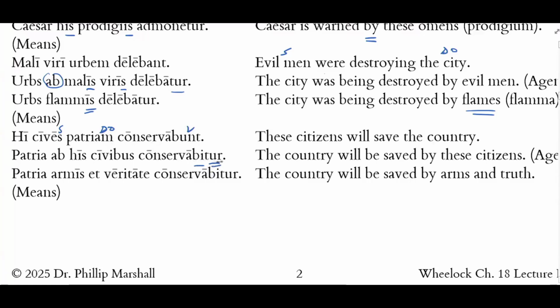The country will be saved. How? Personal agent. A or ab plus ablative. By the citizens. Okay. Or by something impersonal. Arms and truth. Here, armis et veritate, that's ablative. Okay, but it's ablative of means and therefore no preposition in the Latin, even though English will add the by in both sorts of ablatives.